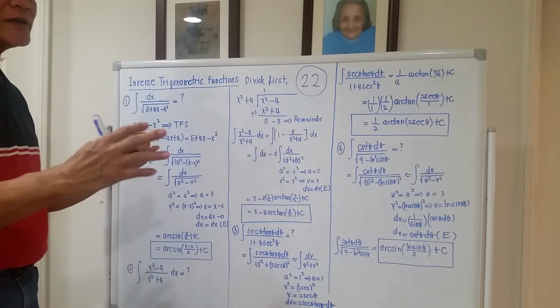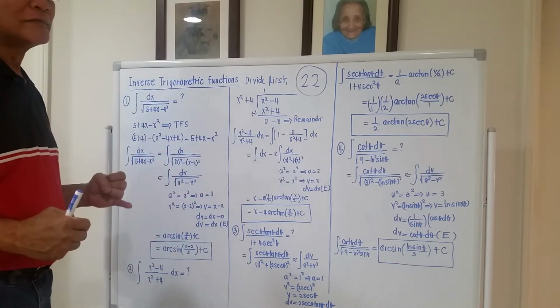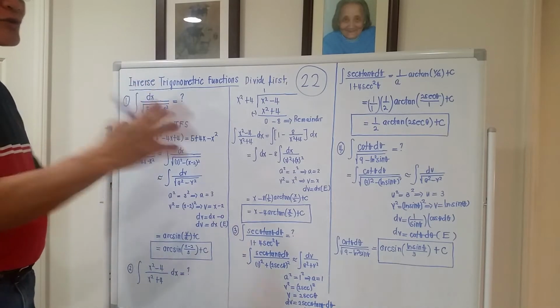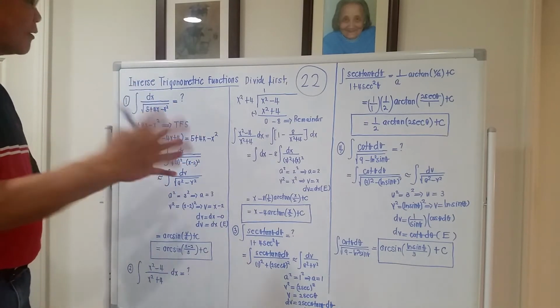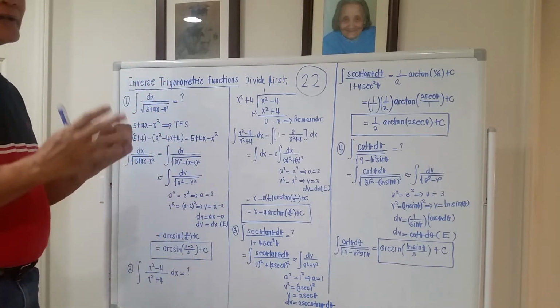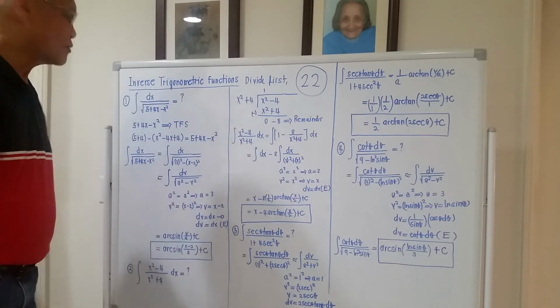We are only given 2 formulas. It's either arcsine or arctangent, right? So we will do some manipulations for example number 1 to fall under either arcsine or arctangent. Okay, let's proceed with the solution.